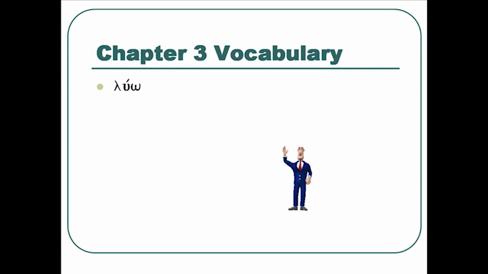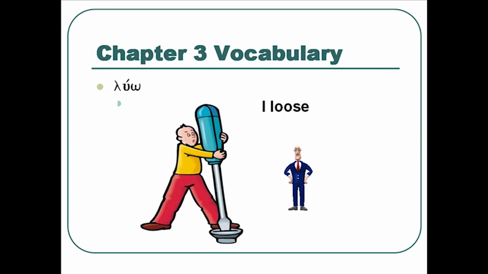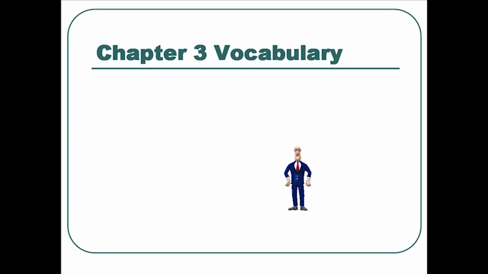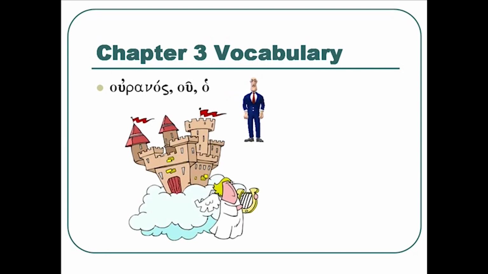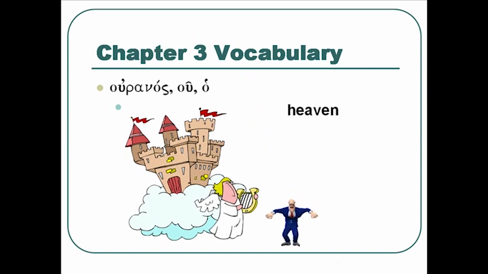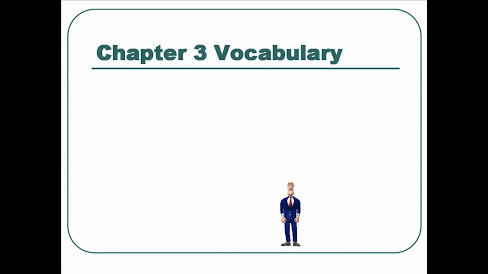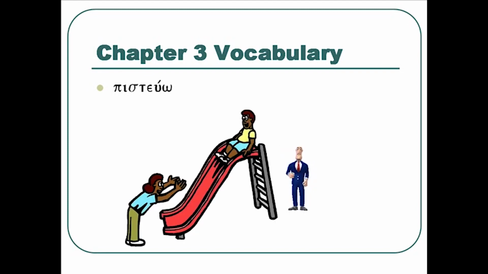Our eighth word is our favorite word, luo. I loose or destroy. Our ninth word is ouranos, and it means heaven. Hey buddy, how about some wings for me? Our 10th word is the verb pisteuo, which means I believe.